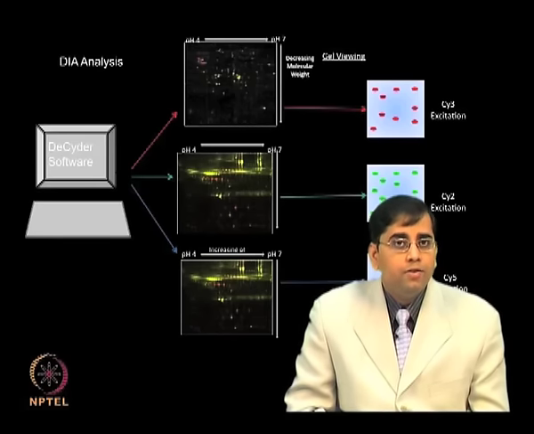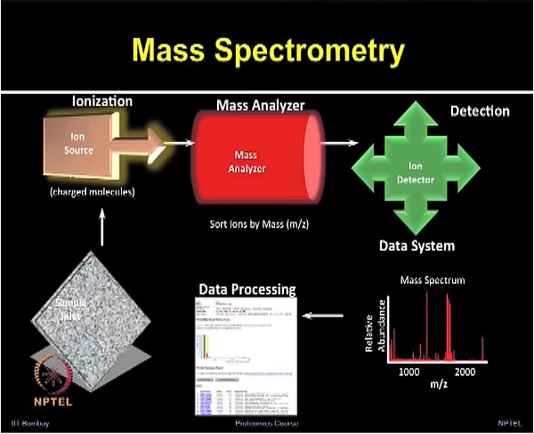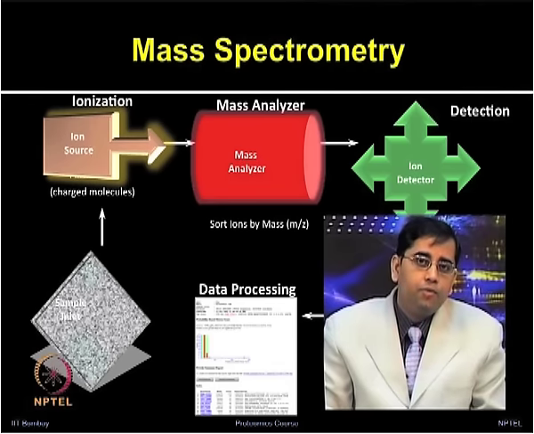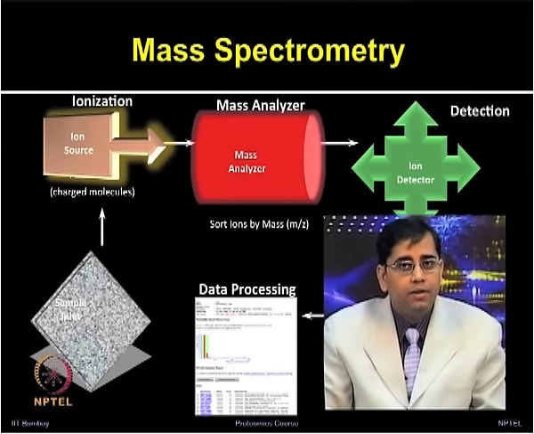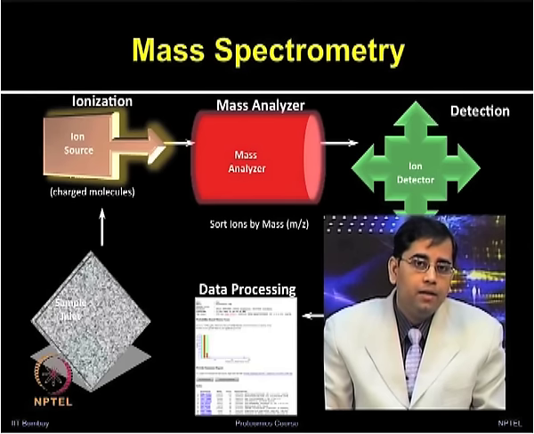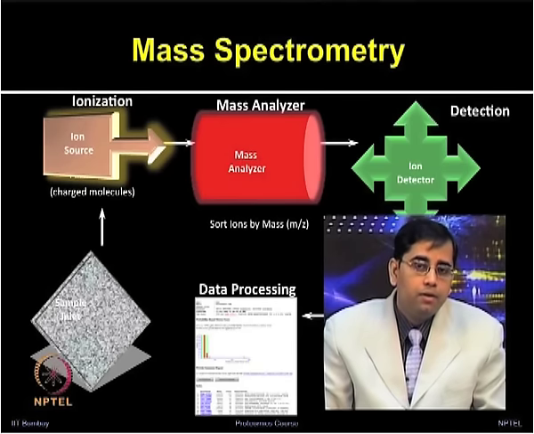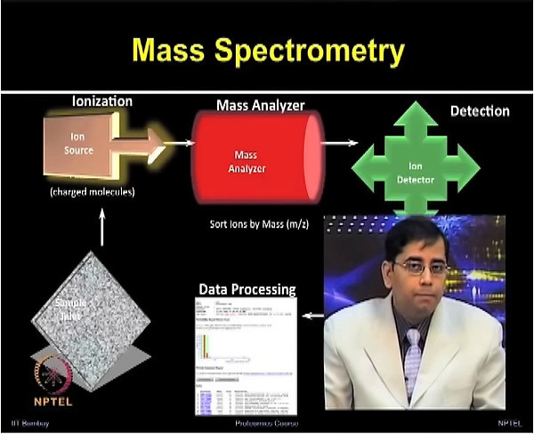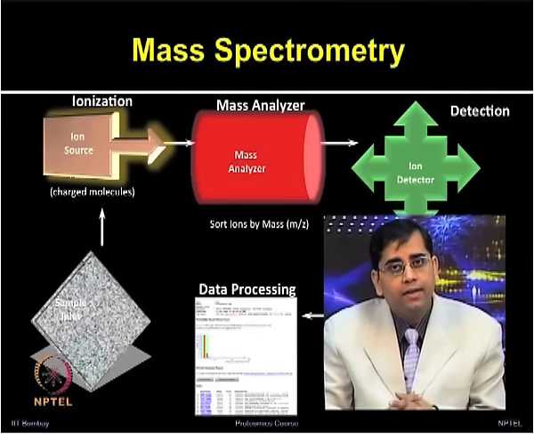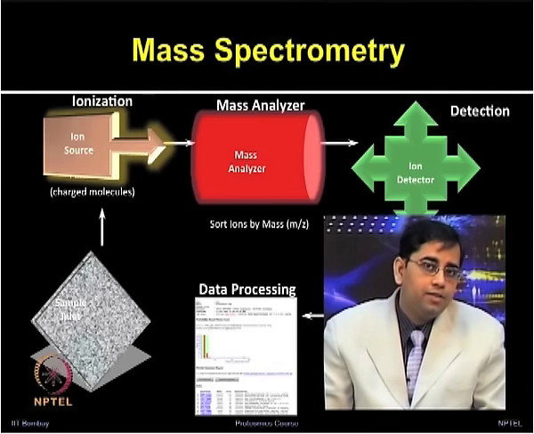The proteins are detected separately using the excitation wavelength specific to the different fluorescent reagents Cy2, Cy3 and Cy5. Mass spectrometry is a technique for protein identification and analysis by production of charged molecular species in vacuum and its separation by magnetic and electric fields based on mass to charge ratio.